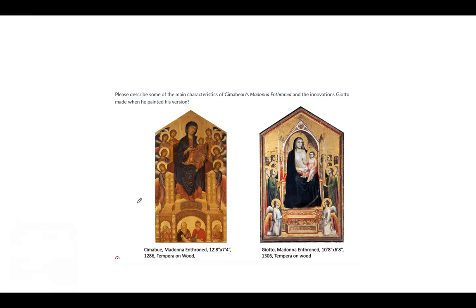And the rendering under her chin here is very subtle, so there's not a lot of modeling at all. And even so far as the highlighting on her dress is gold. I guess I'm kind of giving you guys everything for this one. And then for what did Giotto do to improve that or change those things? Maybe I can leave it there.